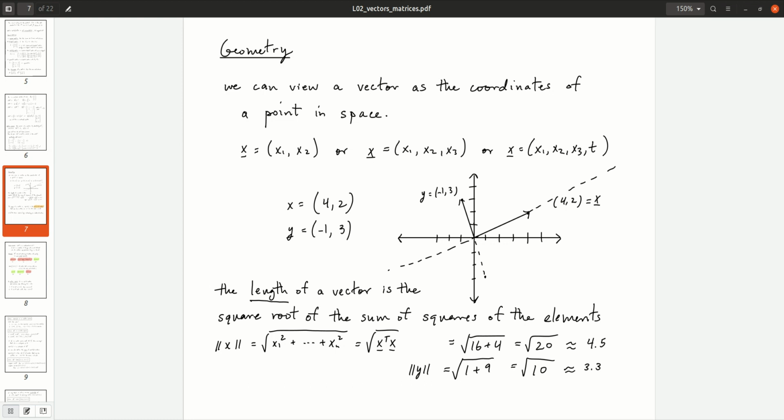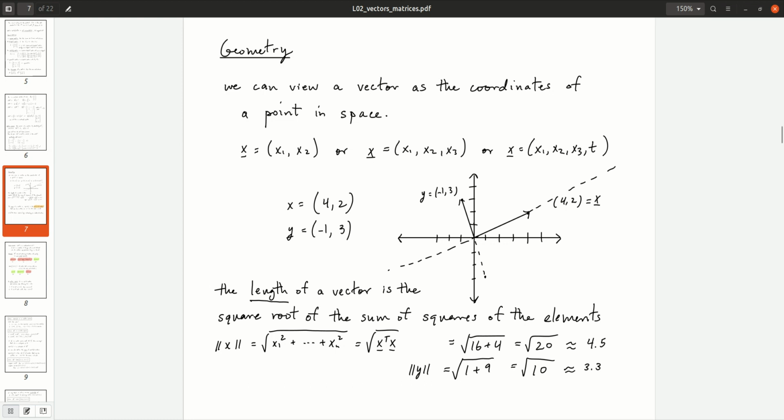One of them is the length of the vector. The length of the vector is just what you think it means. It's just how long this line is between the origin and the point representing the vector. You can compute the length from its elements by taking the square root of the sum of the squares of the elements.